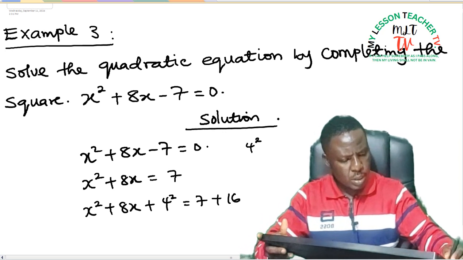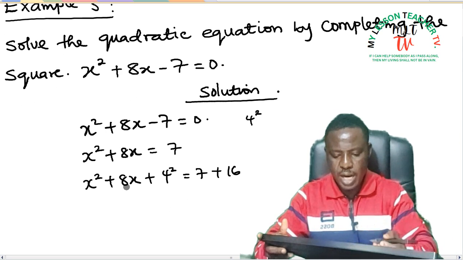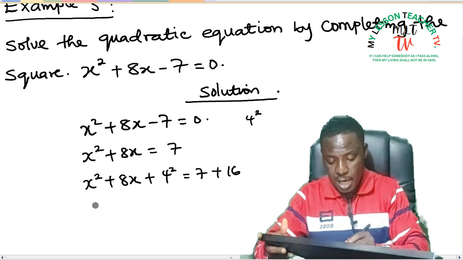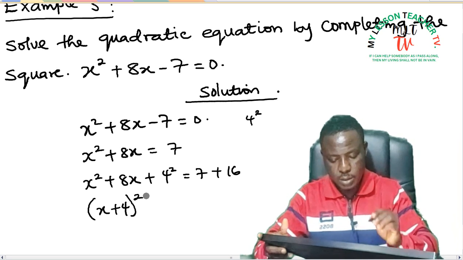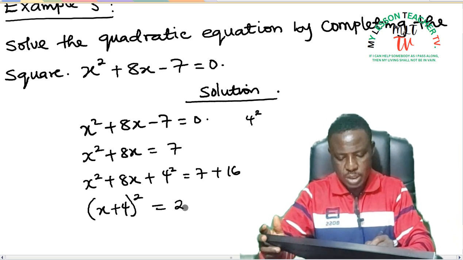So next thing to do is to factorize the left hand side. You can factorize it as it is, like this, and this will be equal to (x plus 4) all squared is equal to 7 plus 16 is 23.